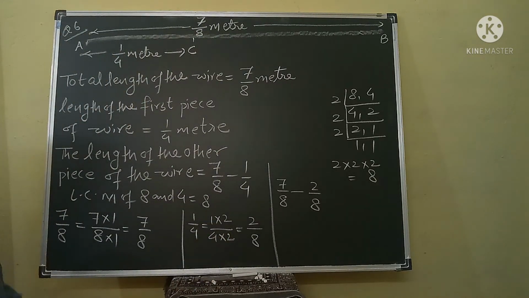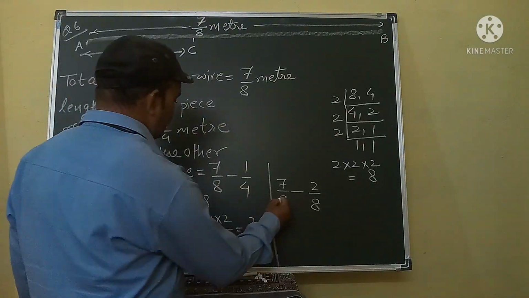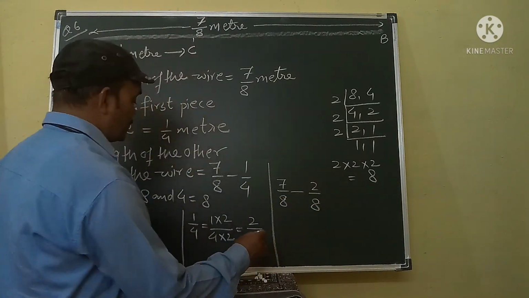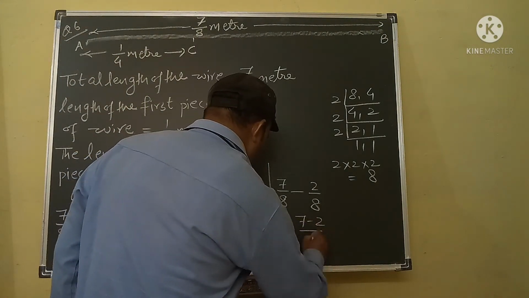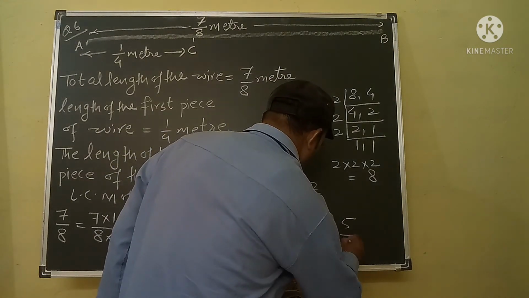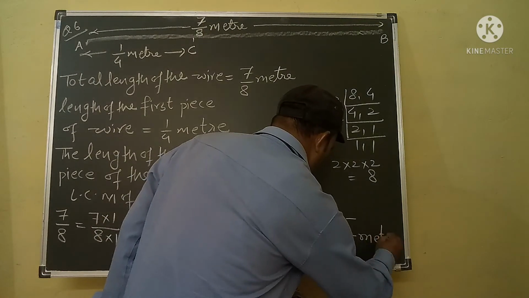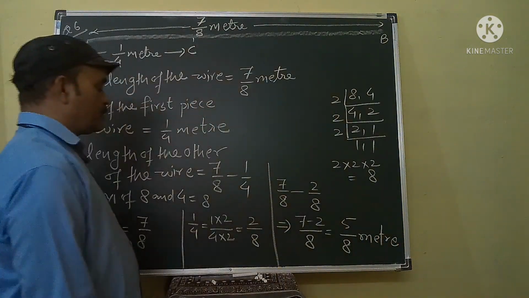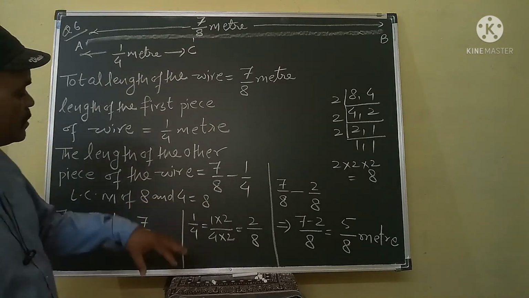So what will you do? We will apply the same procedure. 7 upon 8 minus 2 upon 8 is equal to 7 minus 2 upon 8. That means this is 5 upon 8. 5 upon 8 meter is the length of the other piece.